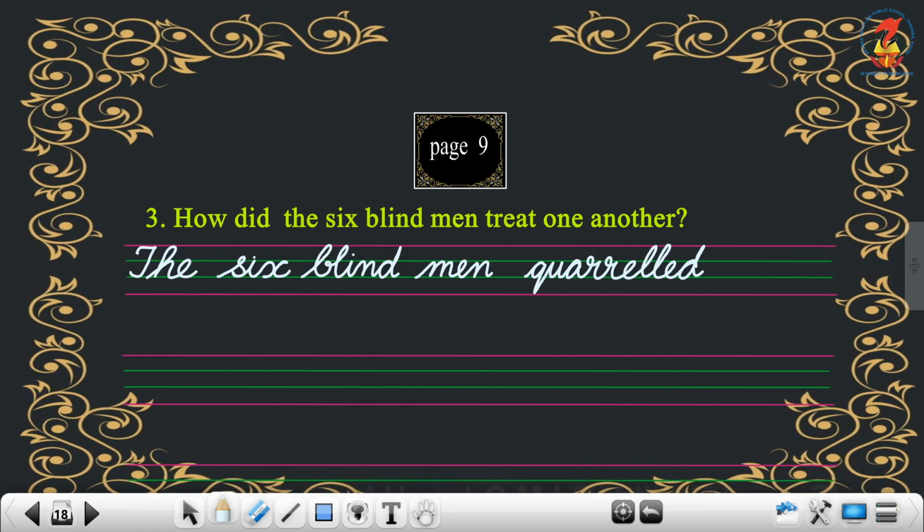Okay. Now I have space here with, so I am writing W-I-T-H, with. Cut for T, dot for I. Each other. E-A-C-H, each. O-T-H-E-R, other. About their.